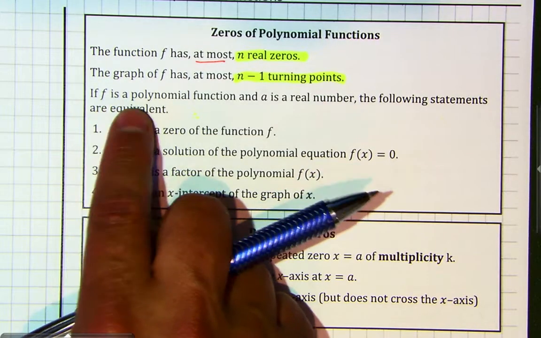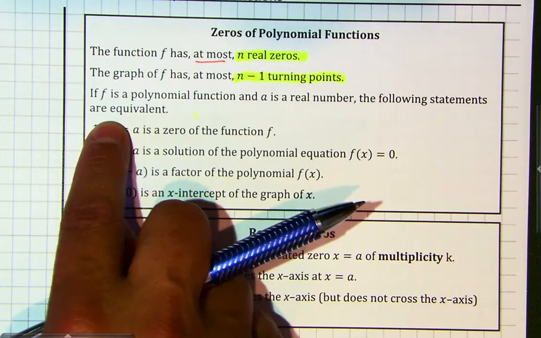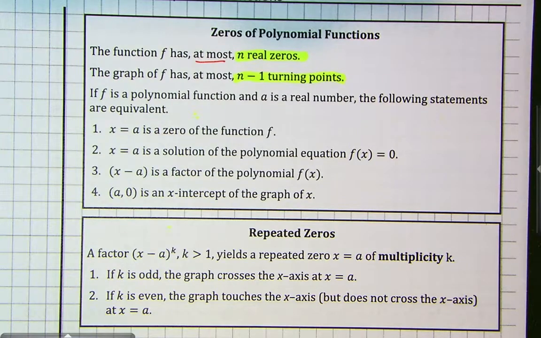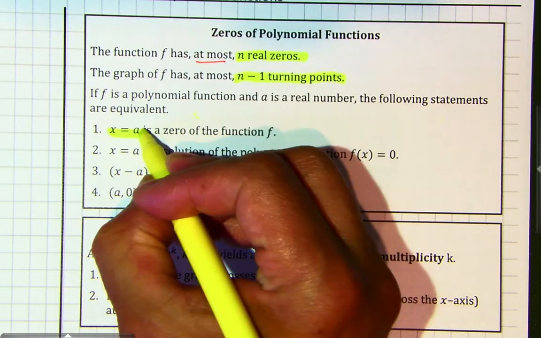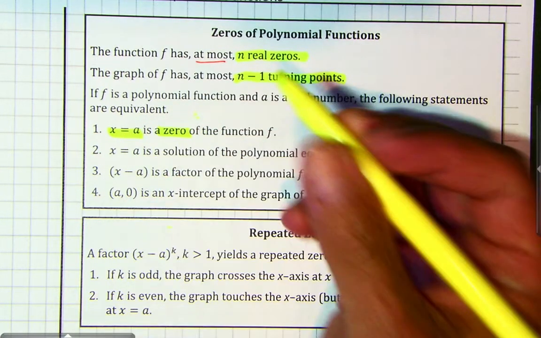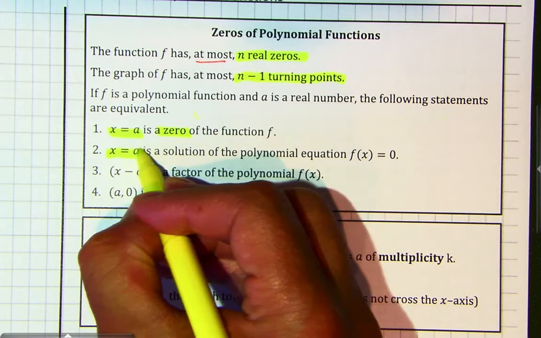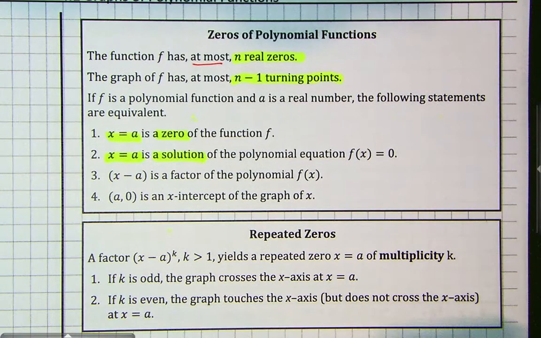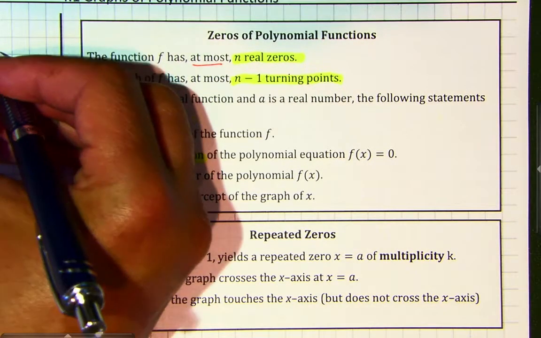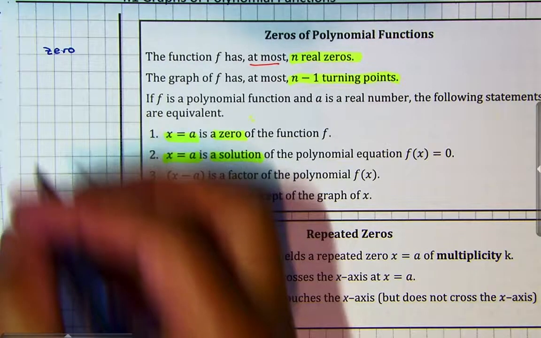If f is a polynomial function and a is a real number, the following statements are equivalent. So very similar to what we did on example number 3. x equal to a is a zero of the function. x equal to a is a solution. So another name for a zero of a function is a solution.